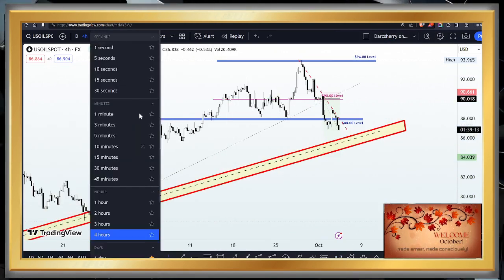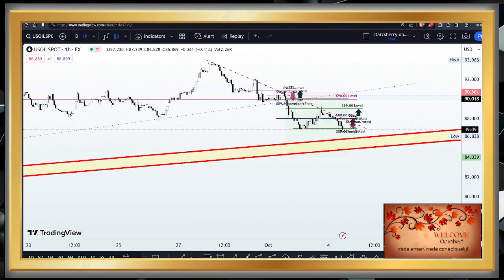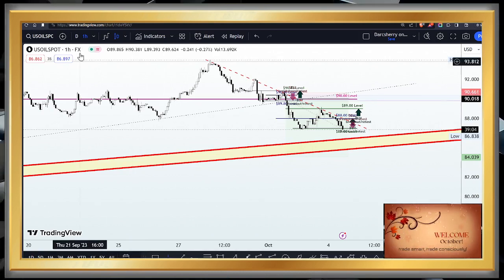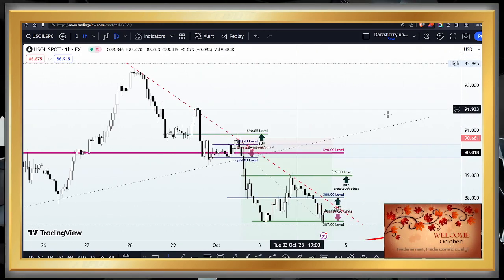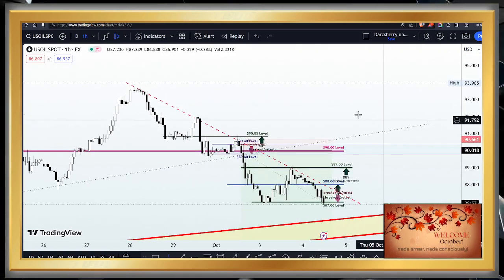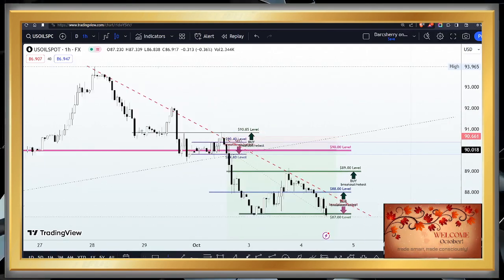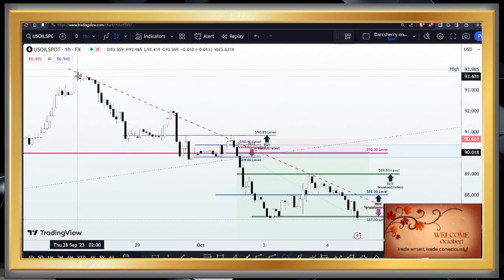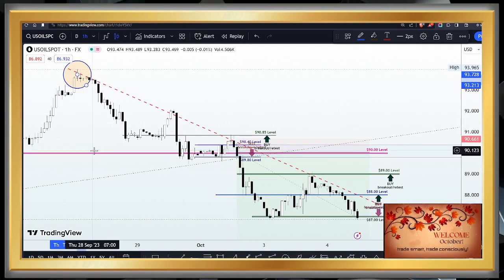Now, with the information we've gathered here on the 4 hours time frame, we did scale down into the 1 hour time frame to understand how participants in this market have been reacting to this current structure. On the 1 hour time frame, this was what we saw at the beginning of the week. We saw this beautiful descending trend line, which is going to be serving as a major yardstick in guiding our trading decisions for this week. As soon as price tested that new high at the $93.90 level, price action gradually transitioned into lower highs.